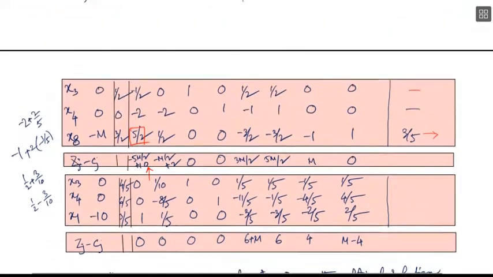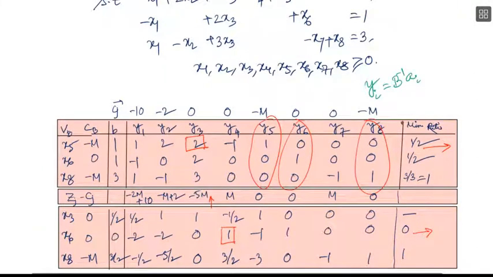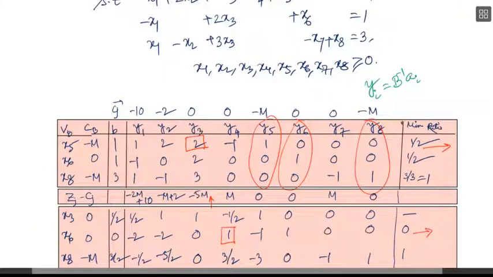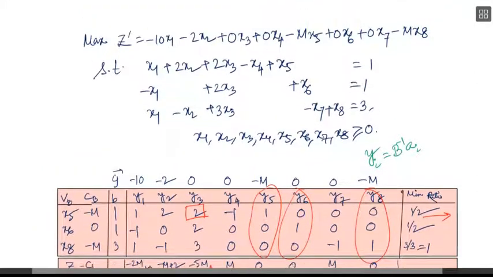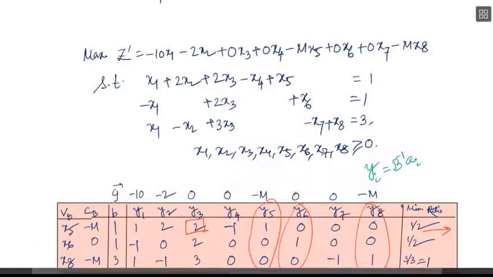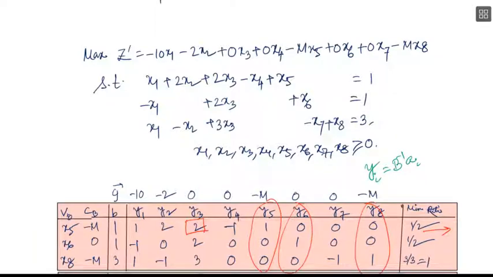We see here what are the Zj minus Cj values of the surplus variables in the primal problem.